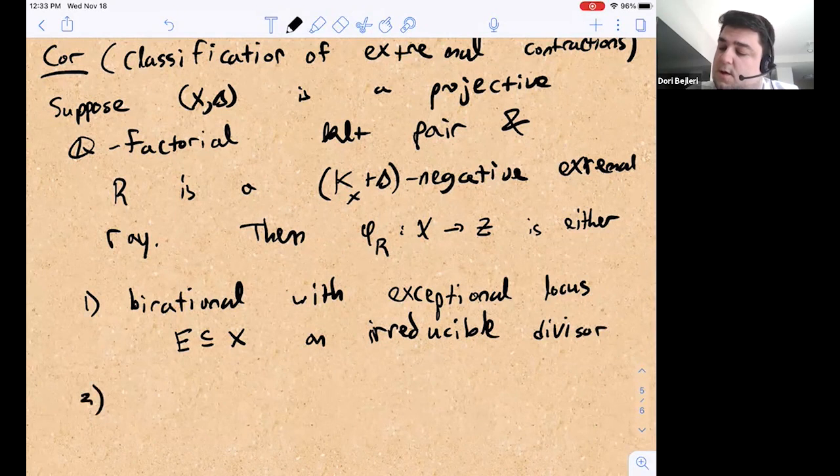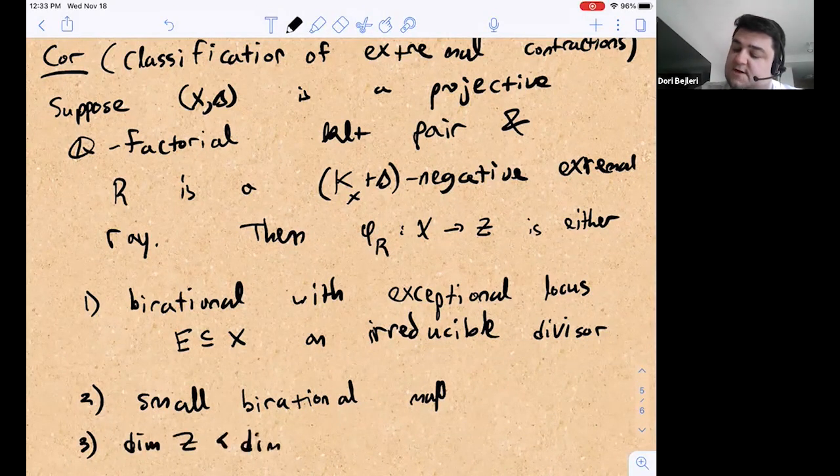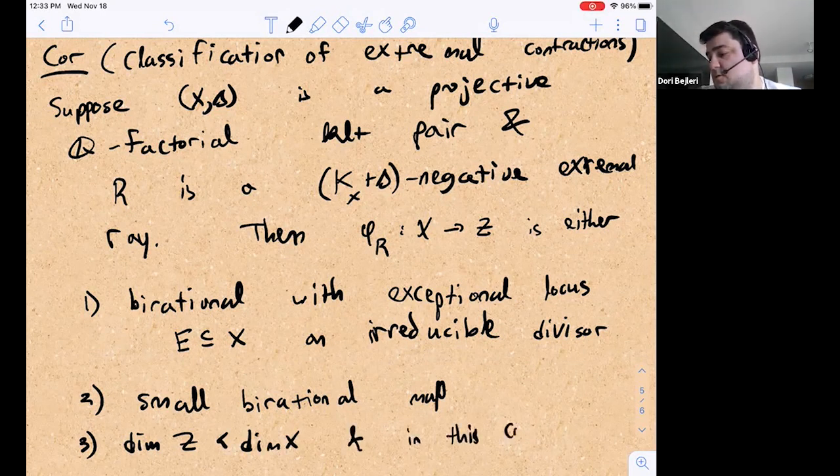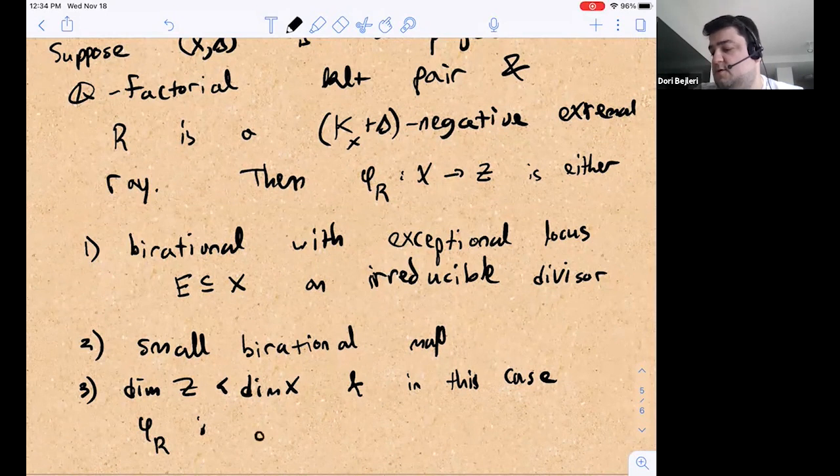Or two, it's a small birational map, so a birational map that contracts no divisors, the exceptional locus is higher codimension. Or three, it's not birational, and so the dimension of Z is strictly smaller than the dimension of X. And in this case, φ_R is what we can call a log Fano fibration.